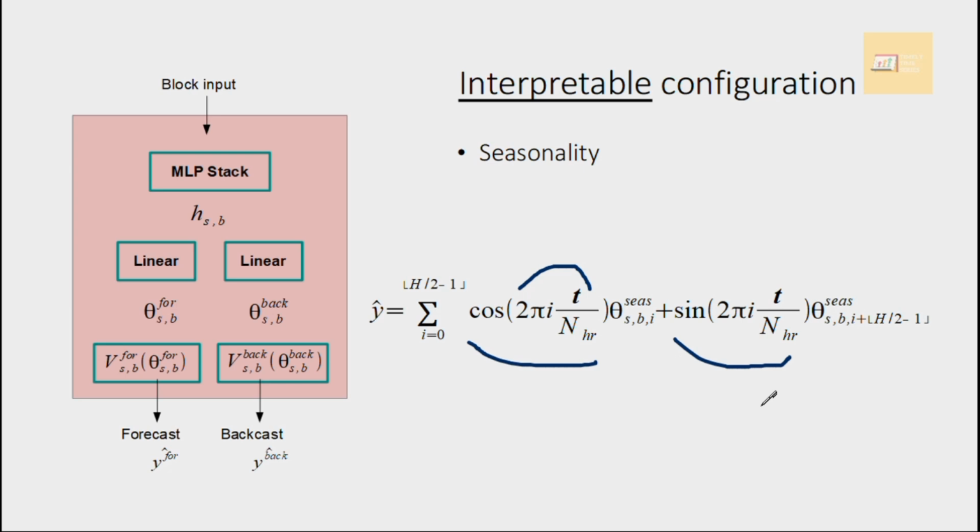But if you look at the index i here, the theta array is divided into half: the first half is the theta for cosine functions, and the second half is for sine functions.